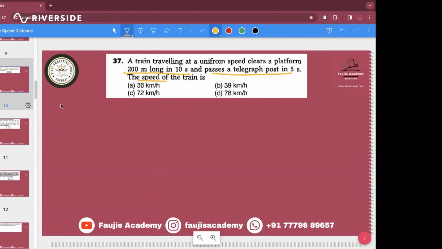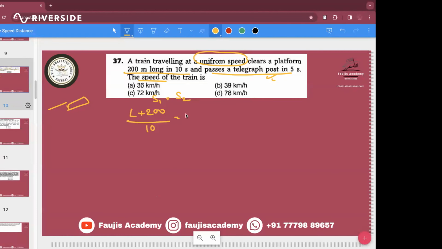The total distance is the length of the train, let's assume L, plus 200. That much distance it travels in 10 seconds, distance by time. And it says uniform speed, so when it passes the telegraph post, the speed will be the same. Basically, S1 will be equal to S2.